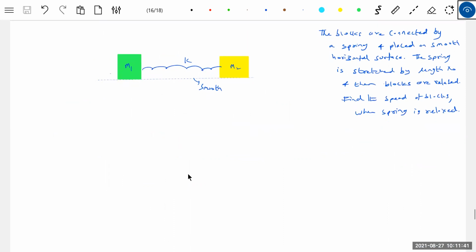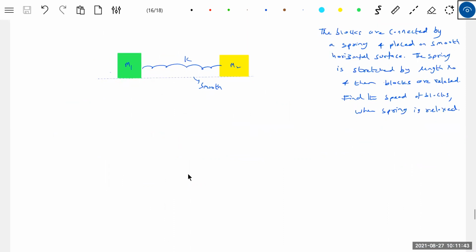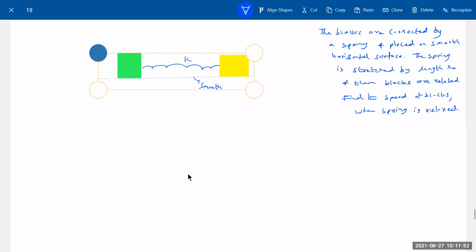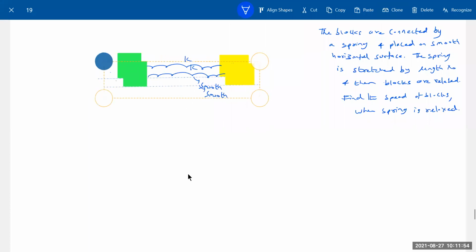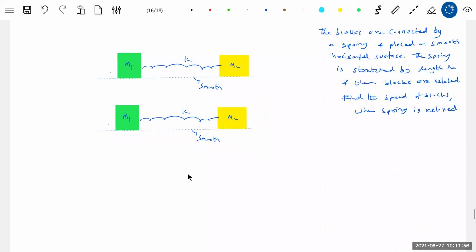Now with the spring force we are bringing. Already we have seen one more just simple. What we do is like we are going to, initially they're at rest and I'm then going to pull them apart.